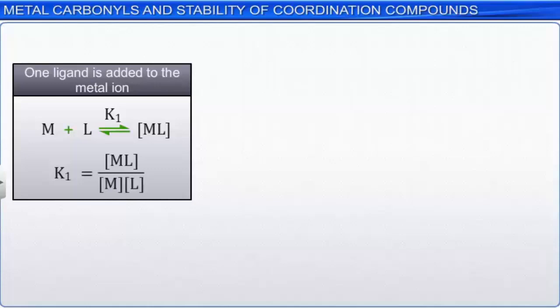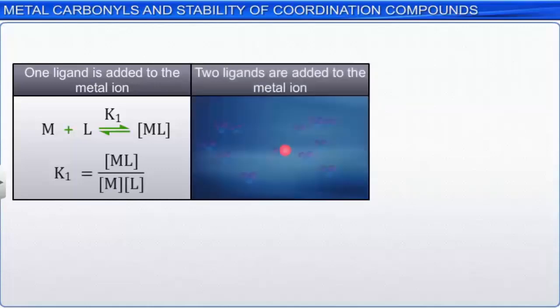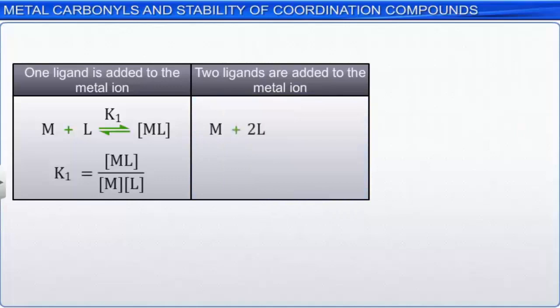If two ligands are added to the metal ion, then the expression may be written as M plus 2L in equilibrium with ML2. The stability constant for this reaction, K2, is equal to the concentration of ML2 divided by the concentration of M multiplied by the concentration of L raised to the power of 2.